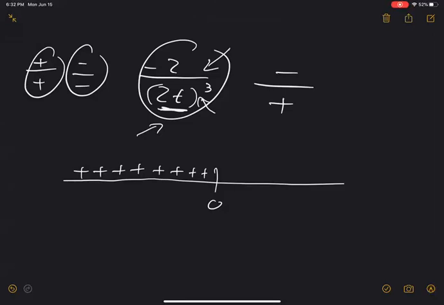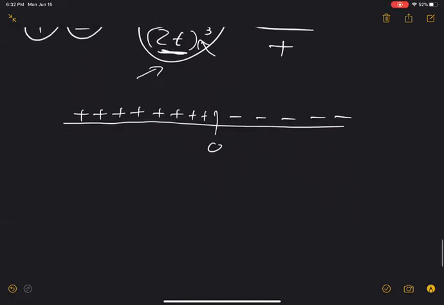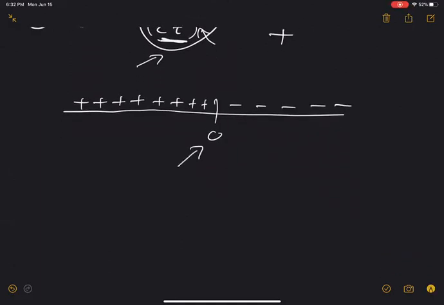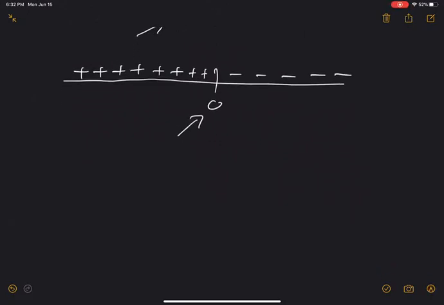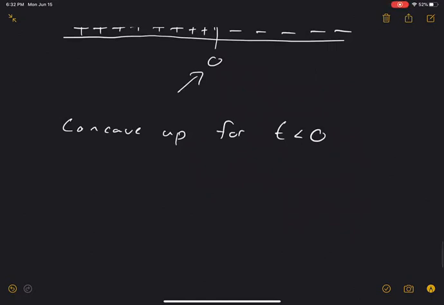So for t greater than 0, my second derivative is negative. So my curve is concave up for t less than 0, concave down for t greater than 0.